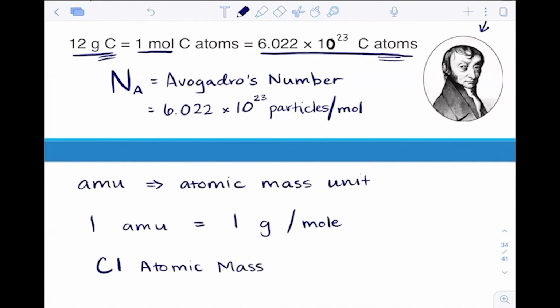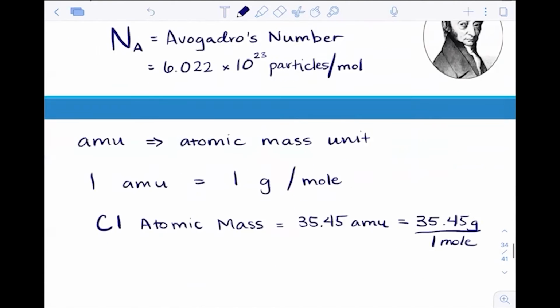And that atomic mass was 35.45 AMUs. But what we can do now is take that number into the lab. It's so exciting, 35.45 grams per 1 mole of chlorine. So that is very, very useful for us.